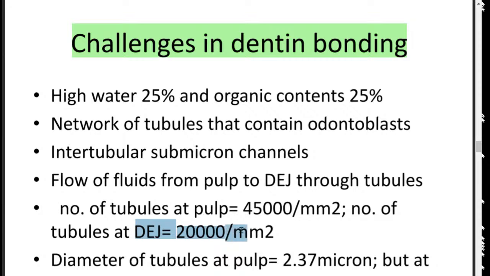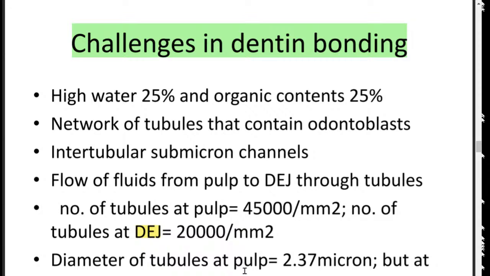Therefore, applying the dentin bonding at the pulp is less effective, and applying the dentin bonding at the dentino-enamel junction is more effective.